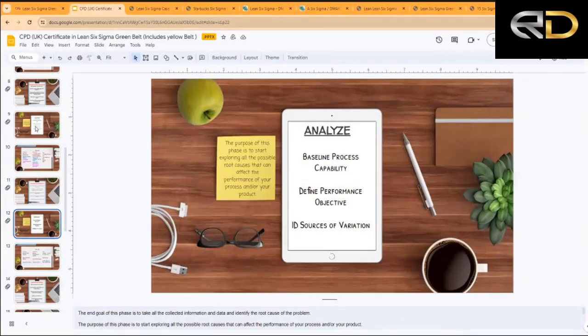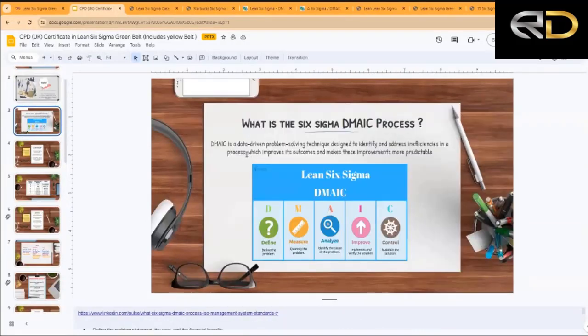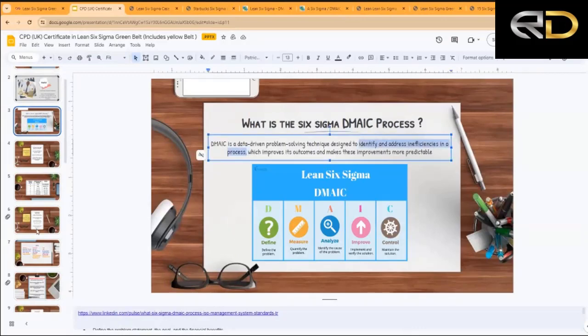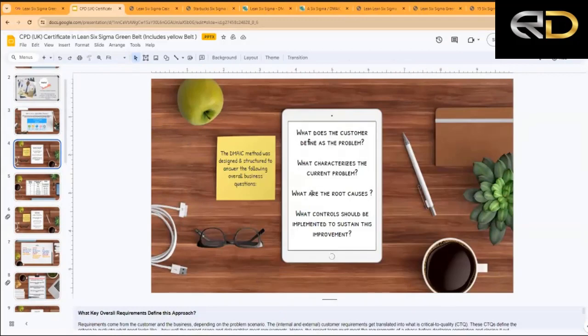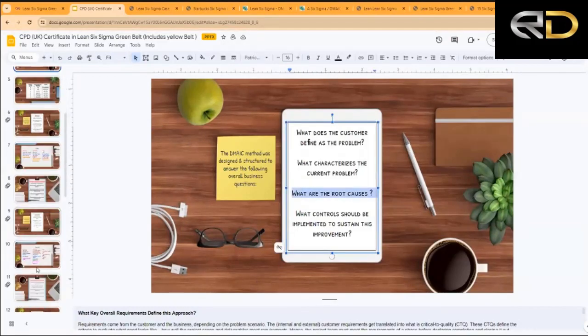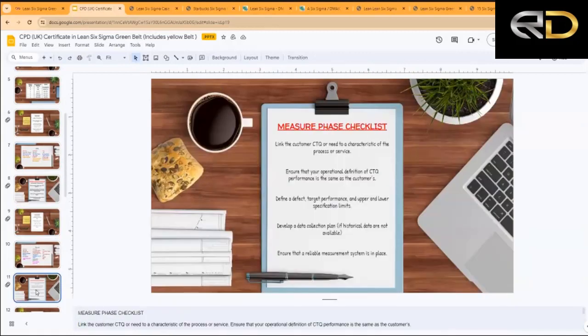So right now, we are at the third stage of identifying and addressing inefficiencies in a process, and we are now identifying the cause of the problem. At this point, we would like to know what the root causes are. What exactly is responsible for these characteristics of the problems that we have identified?